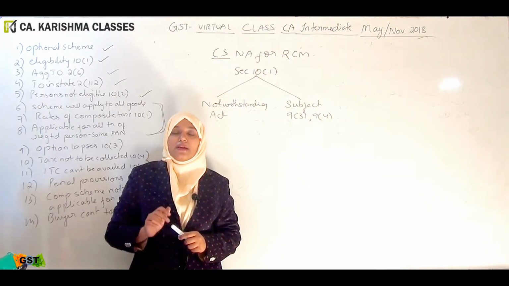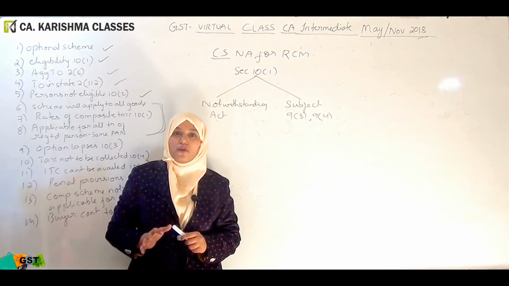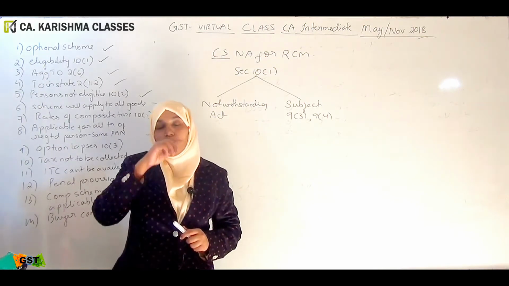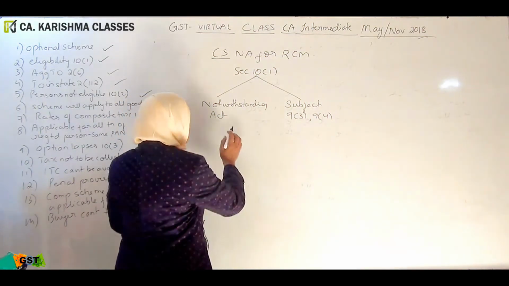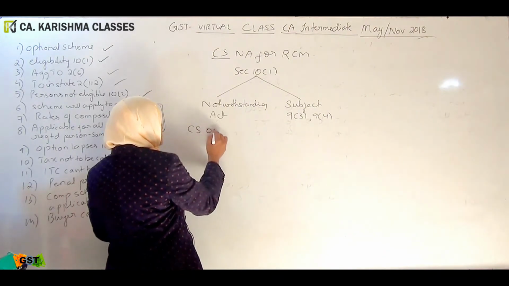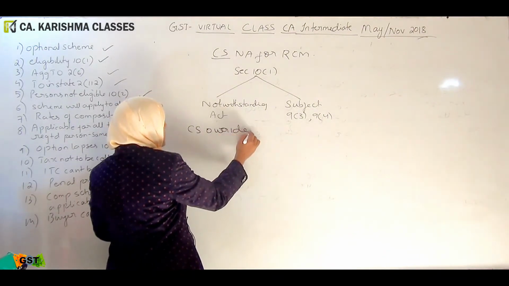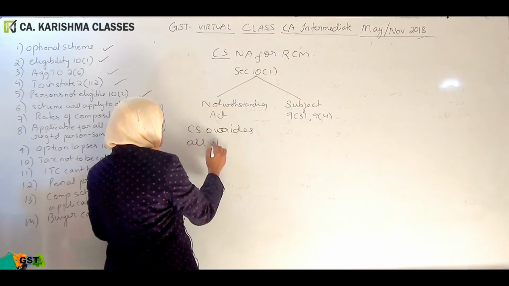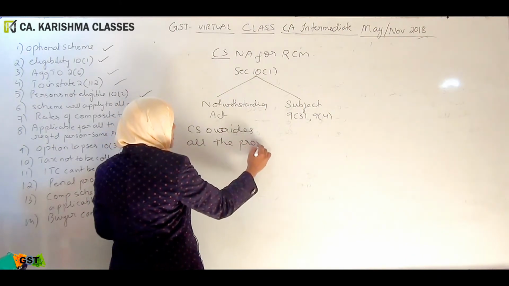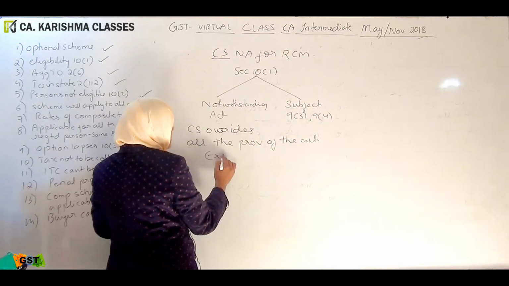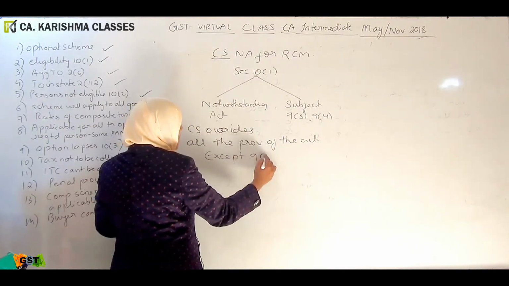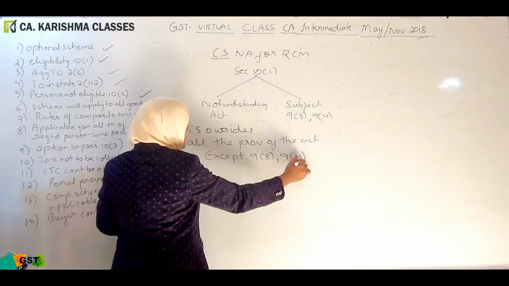However, this scheme is telling that when it comes to 9(3) and 9(4), they will override 10(1). So here composition scheme overrides all the provisions of the Act except 9(3) and 9(4).